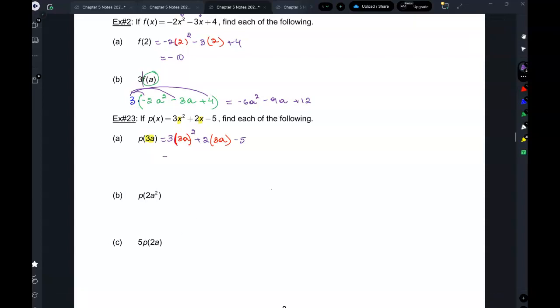Now, am I going to multiply by the 3 first, or am I going to square first? Square first. Who does that square belong to? The a, the 3, or both? Both. So this is going to be 3 times 9a squared, plus 6a minus 5. How much is this? 27a squared.